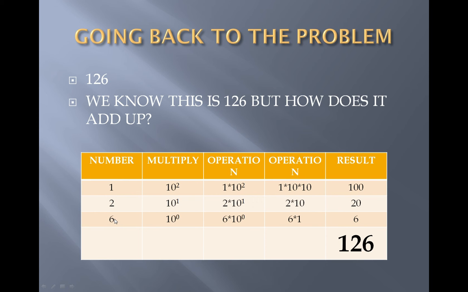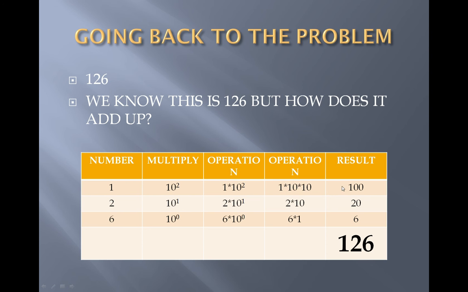Now, on the last number, I have 10 to the 0, and then I work my way up, increasing the exponent by 1 with every row I go up. So I have 10 to the 0 power, 10 to the first power, 10 to the second power, or 10 squared.